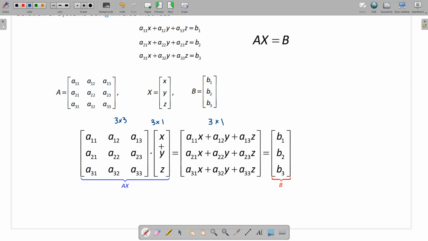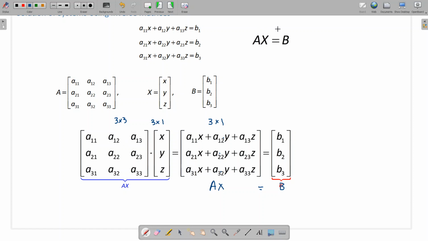So matrix A times matrix X gives you exactly what this is. And these three expressions here are supposed to be equal to b1, b2, and b3 respectively, according to this. So this is exactly AX equals the matrix B. So that's why I'm saying that a system can always be represented as a product of matrices.